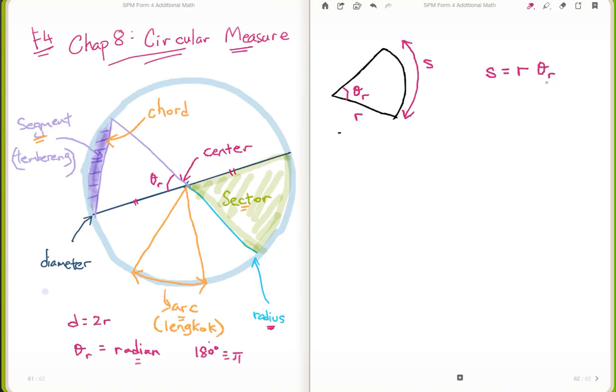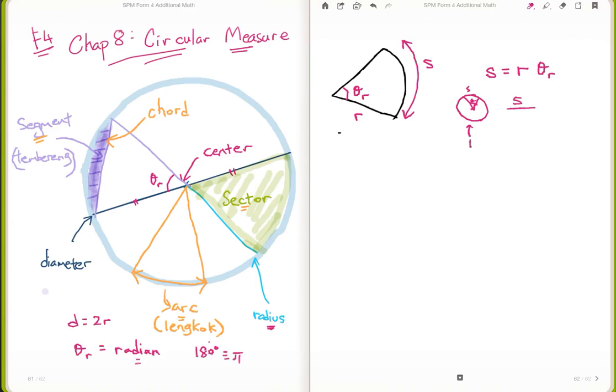Let's talk more about the theta radian. Theta radian is actually the ratio. How you get this is you get a circle, with the angle and the radian, whereby the arc length is equivalent to the total circumference, or the lilitan.